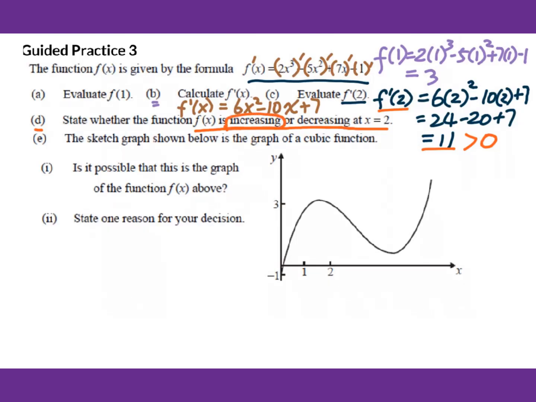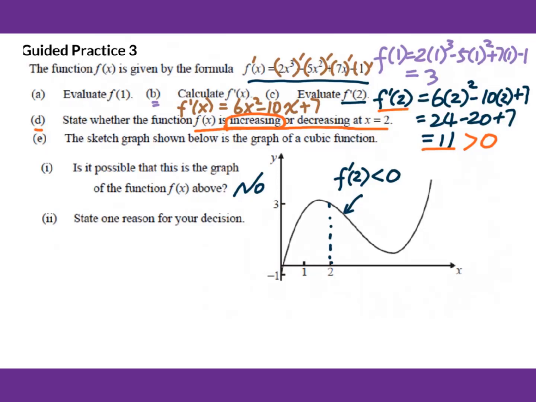Then for E, the sketch graph shown below is the graph of a cubic function. Is it possible that this is the graph of function f of x above? No. Because when we look at these two, the graph is decreasing, which means from this graph we know f prime of 2 is negative.